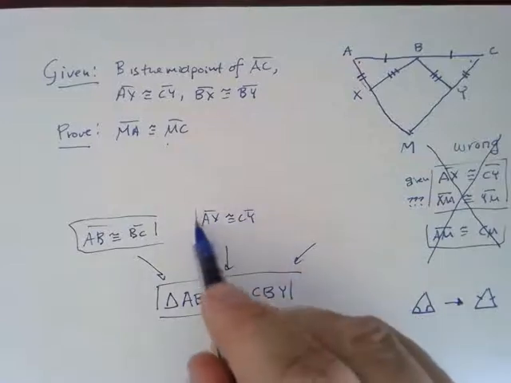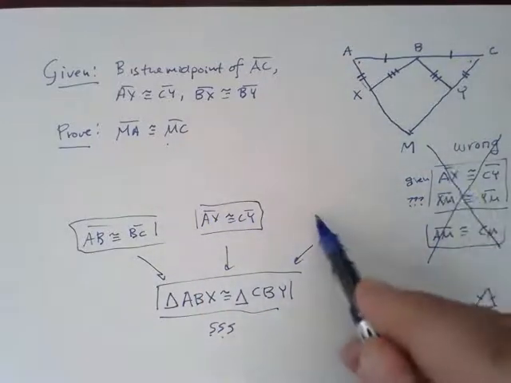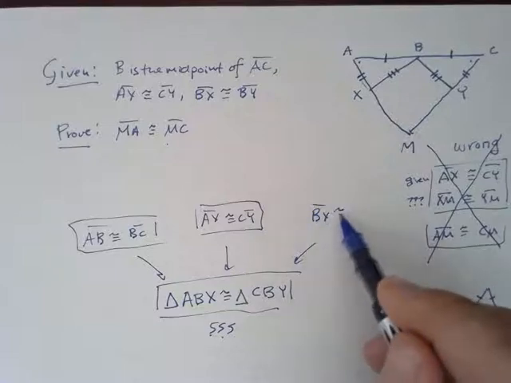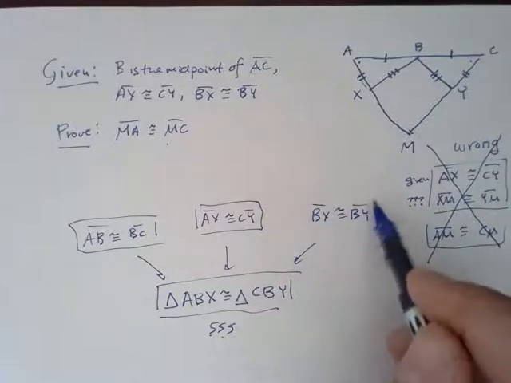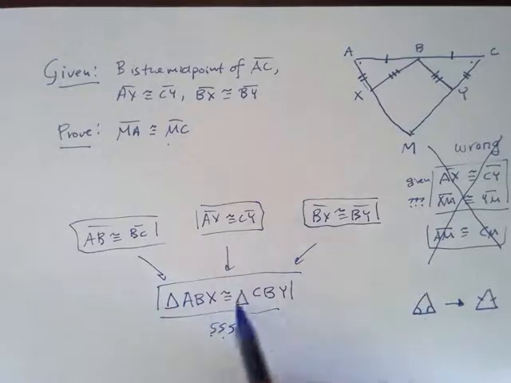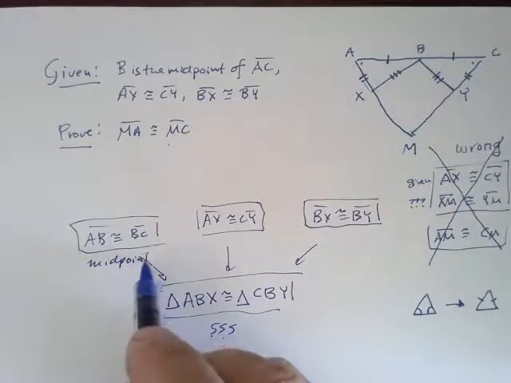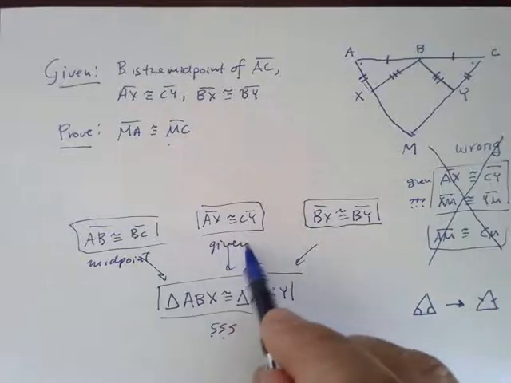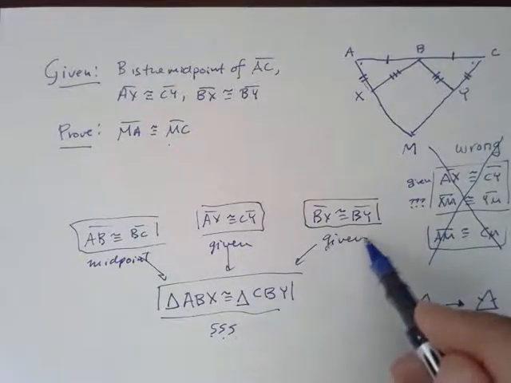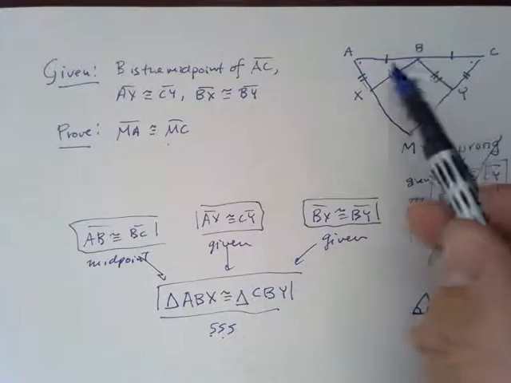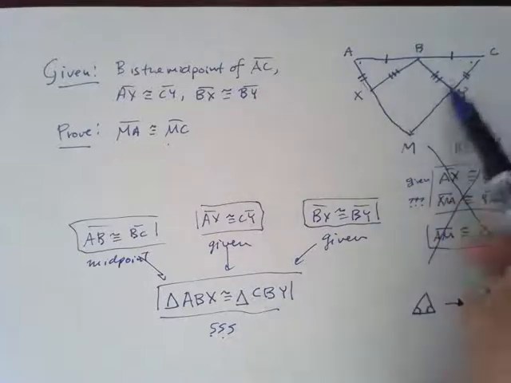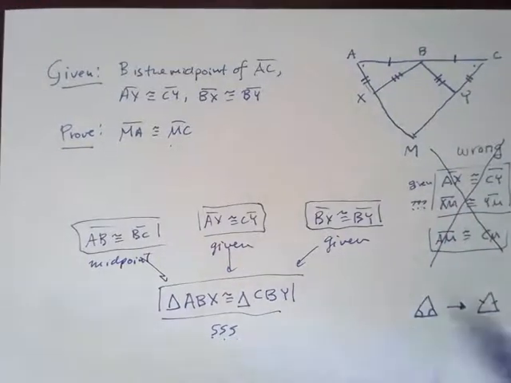This is my second pair of congruent sides in SSS. And then BX congruent to BY. That's my final pair of sides in my SSS argument. This is because of the midpoint statement. These were both given. So I've shown that these two triangles, triangle ABX and triangle CBY, are congruent.